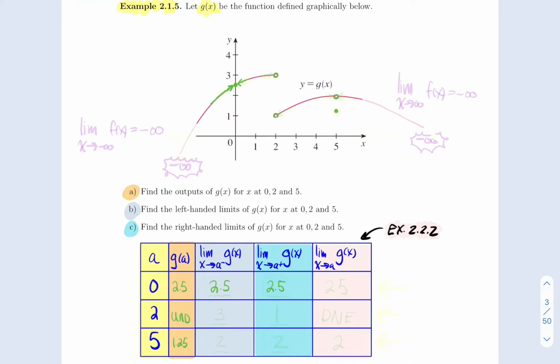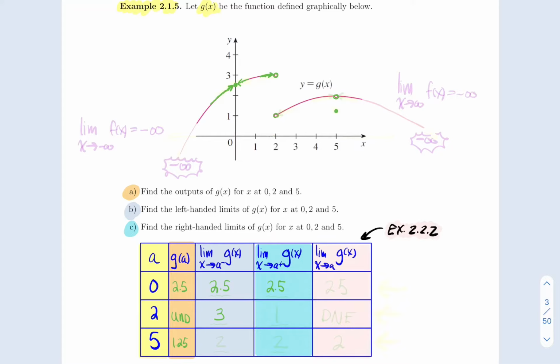So now around 2, this is the fun part, because there's no output at 2, but you can approach 2 from the left side. And if you're looking at the function approaching 2 from the left side, you have output. So if I'm looking at this arrow, if you take inputs that are getting closer and closer to 2, the outputs are going to get closer and closer to the white dot, and the height of the white dot on the left side is 3, so the limit is 3.